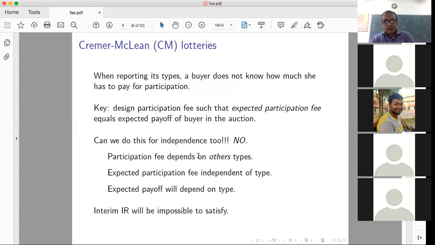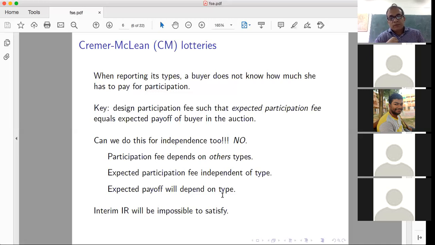Second thing is, if the first holds, then the expected participation fee is independent of the type of an agent. How much participation fee you will pay is independent of your own type. It may depend on others' types, and on how the other types are distributed, but it can never depend on what your type is. But remember, the expected payoff in the Vickrey auction will depend on my type.